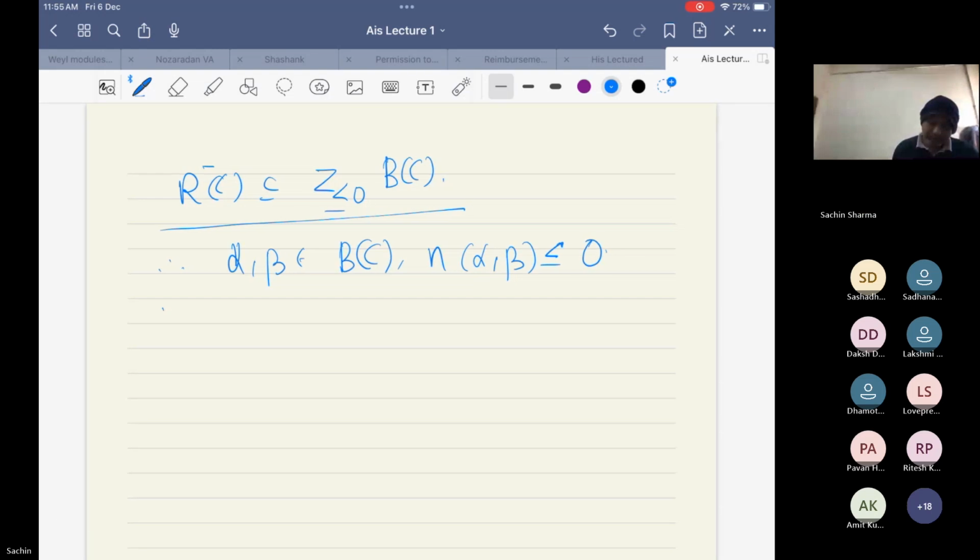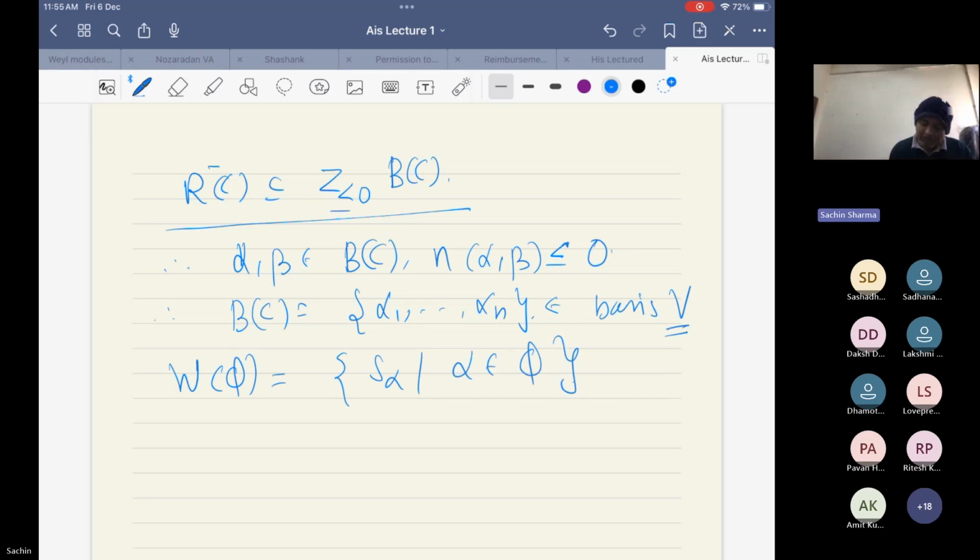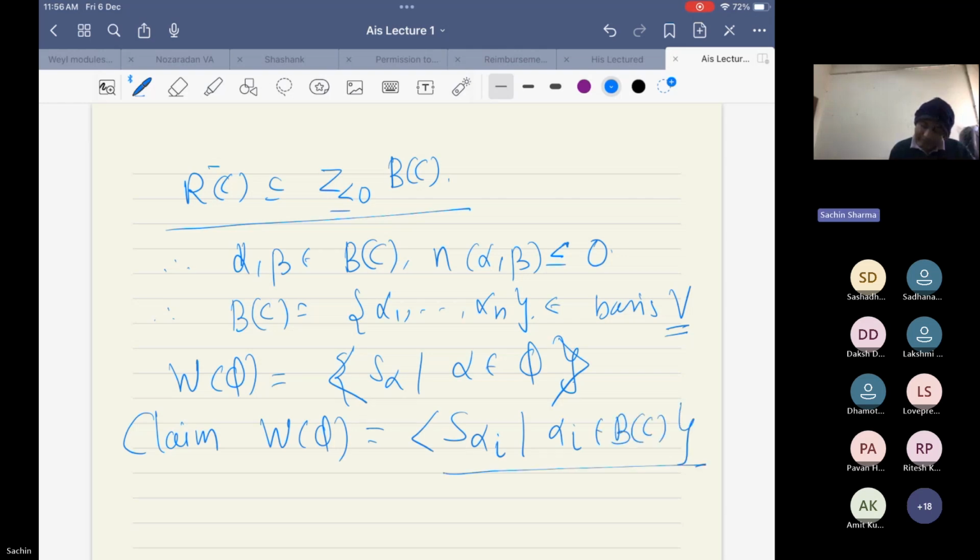Let B of C be alpha 1, alpha 2, ... alpha n, which is the dimension of V, because this is actually a basis for V. Remember that W of phi is just generated by S alpha, alpha belongs to phi. But the claim is that W of phi is just generated by S alpha i, where alpha i belongs to B of C. Okay, these are the simple roots.